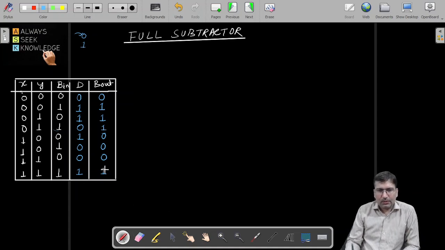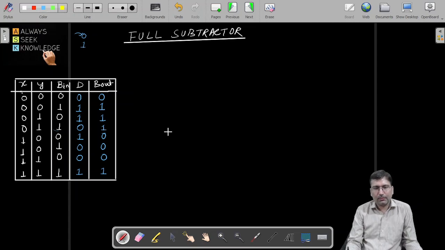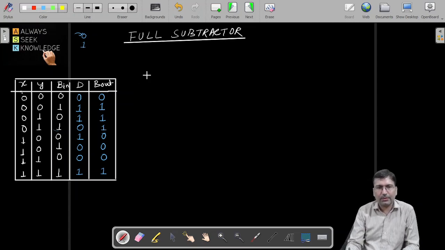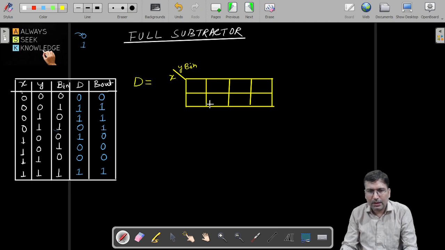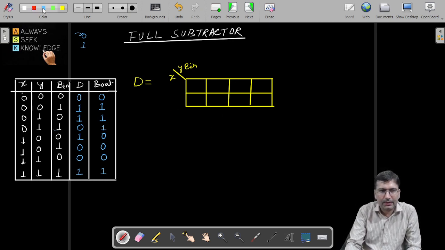Now let's find the Boolean expression for this. First we try to find the Boolean expression for difference D. If we try to find this difference, let's make the K-map for this. So the K-map will look like this. Let's fill the values here.